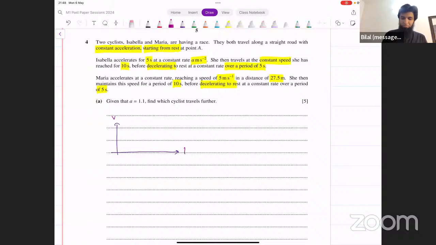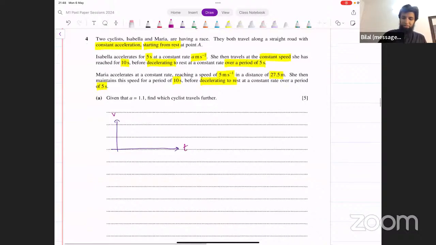We know that she covers some distance at an acceleration of A for 5 seconds. We don't know how much acceleration this is. We do not know the gradient at this point. She then travels at the constant speed that she has reached for 10 seconds. So for the next 10 seconds, she continues at this constant speed until time equals 15.